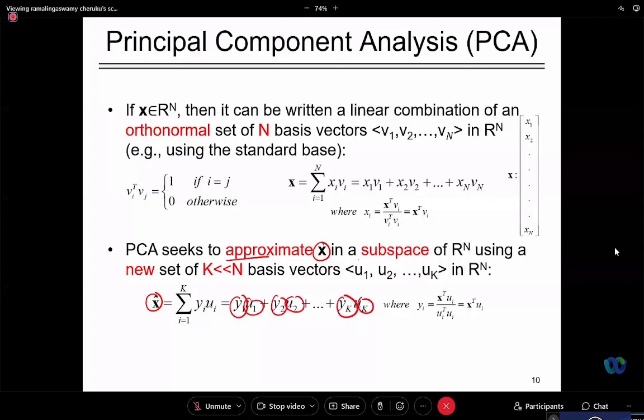Once you know the individual components and the basis vectors, you can reconstitute the original point. The original is X, and in the new dimensional space it is called X cap. How do I get the X cap in the new dimensions? Using the new basis vectors U1, U2, UK and the components in the respective directions, Y1, Y2, Yk.